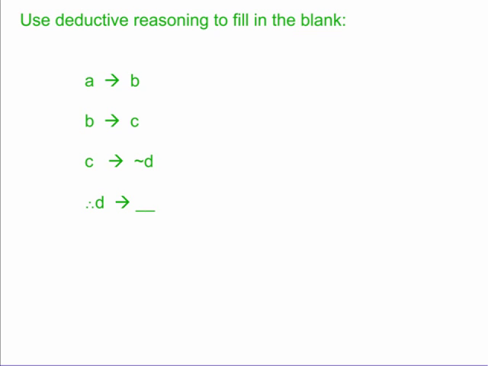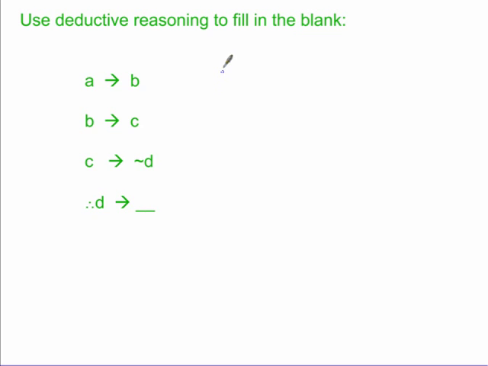All right, here's our final example. We want to use deductive reasoning to fill in the blank here. I'm given that A implies B, B implies C, C implies not D, therefore D implies what? Well, how do we go about this? What does D imply?